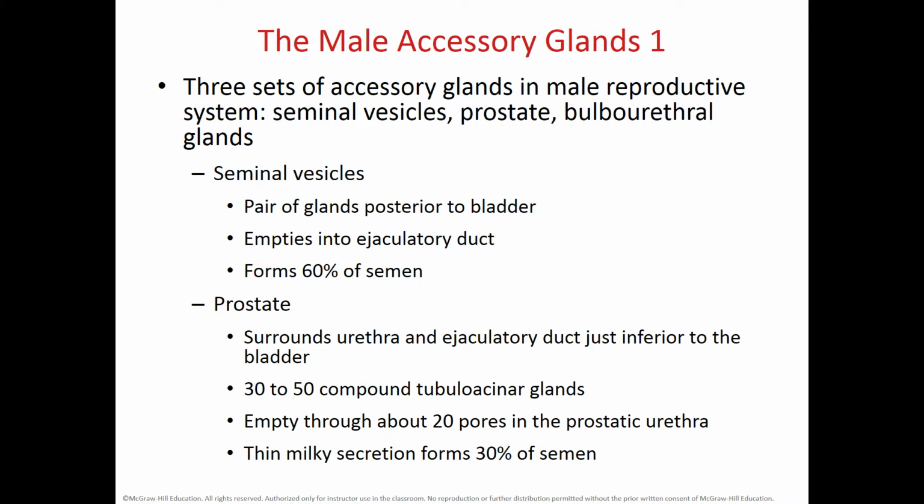About the accessory glands, so we have three. We have seminal vesicles, prostate gland, and bulbourethral glands, or also known as Cowper glands, C-O-W-P-E-R. The seminal vesicles are more active in terms of producing fluid. The fluid at the seminal vesicles is rich in fructose, citric acid, and bicarbonate ions.